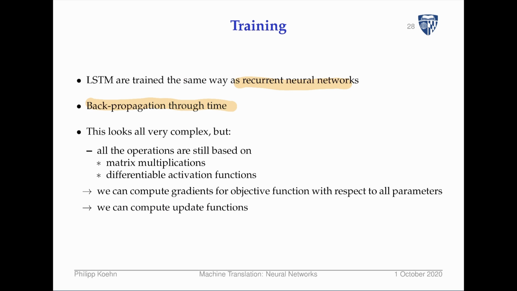But keep in mind that these are all just mathematical operations that are still based on matrix multiplications or differentiable activation functions. So we can compute gradients for them, and we can compute gradients with respect to all the parameters, and then it allows us to update the parameters accordingly.